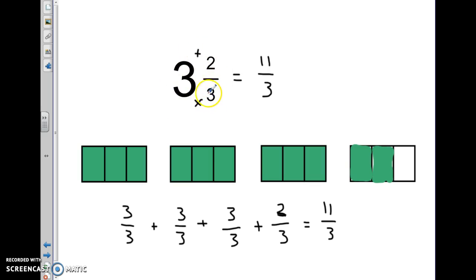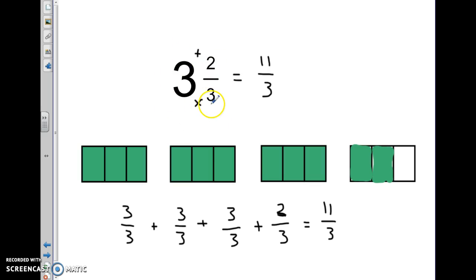I'm taking this 3 and multiplying by 3 because I've got 3 wholes, of thirds. So I've got 3/3 once, 3/3 twice, 3/3 3 times. That's why you can multiply the denominator by the whole number. And then I'm just adding how many more thirds I have, the fractional part here. So that's why you add the numerator. So that is why this works.